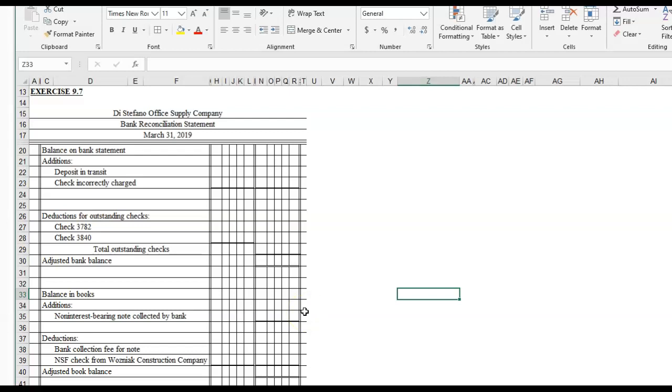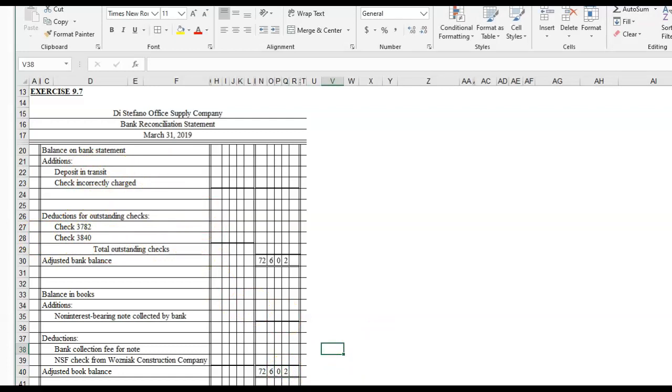Let me look up what those amounts are supposed to be. 9.7, the balance should be 72,602. Which means that this double underline down here is 72,602. You could figure out the rest by adding the checks and so forth.